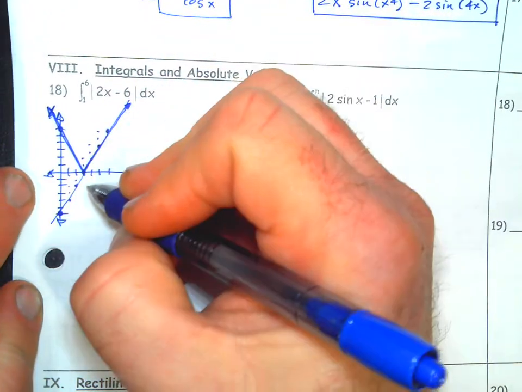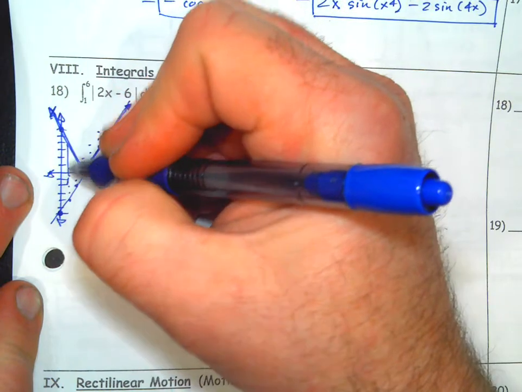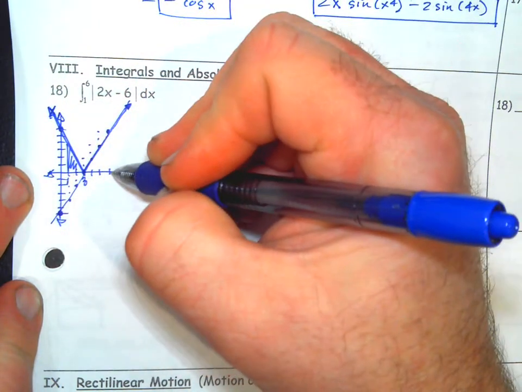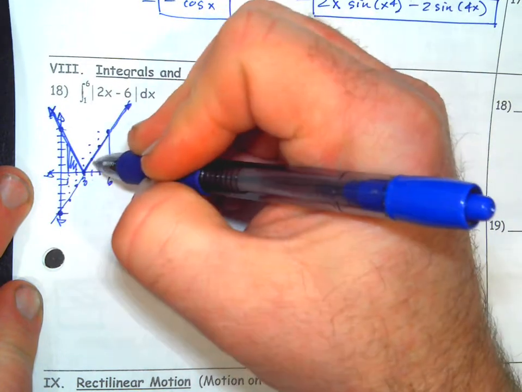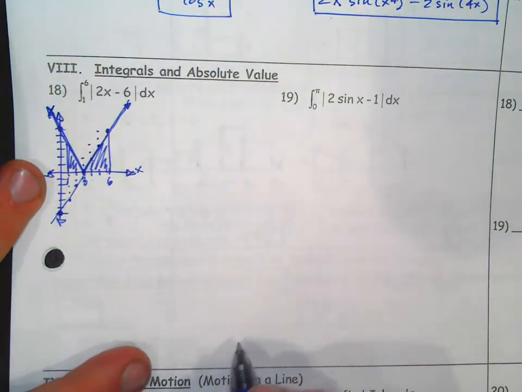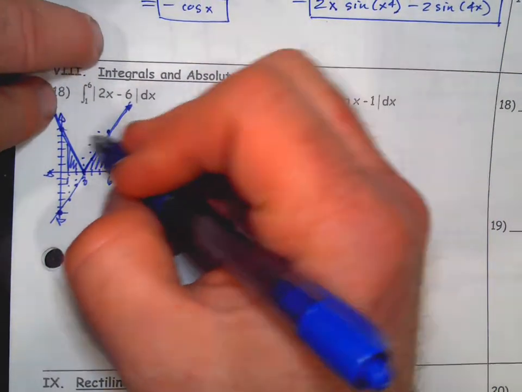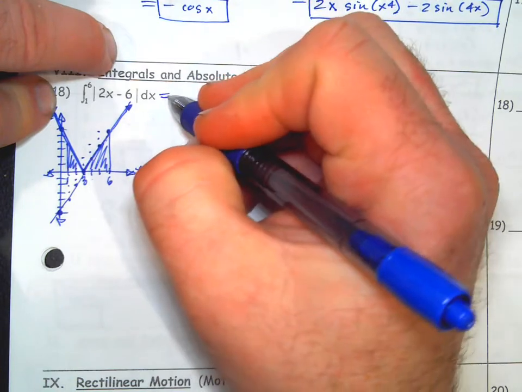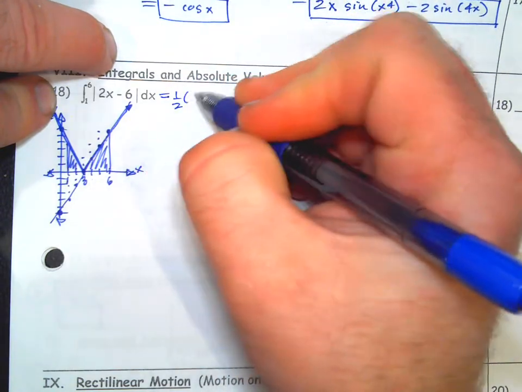Now we want to integrate 1 to 6. I wouldn't rely too much on the picture. I would rely on the slope to make sure you got it right. So it's 1/2, its triangle base is 2.